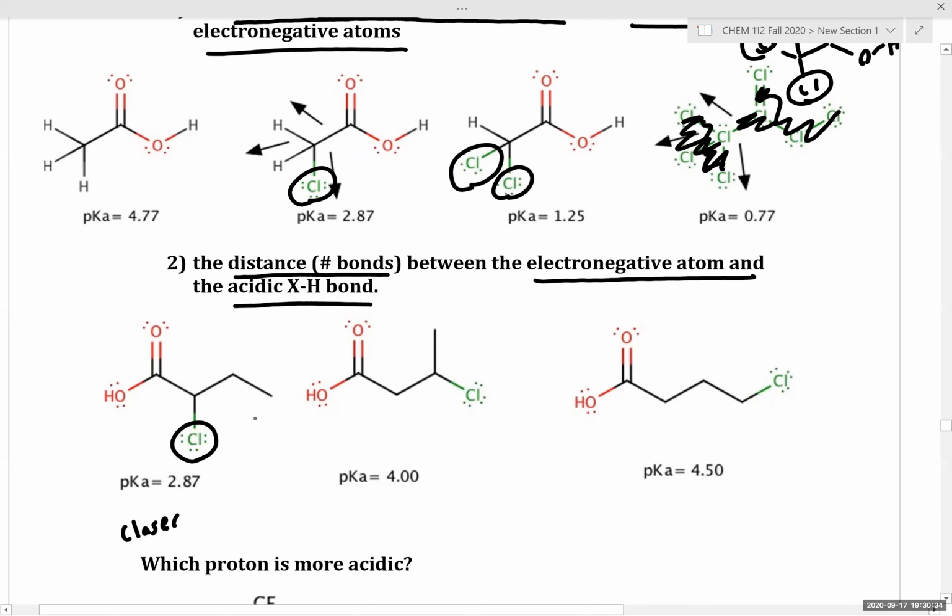Does everyone see that as we move our electronegative atom farther away from our acidic proton, our pKa increases? Does everyone see that effect? Inductive effects are based on proximity and distance. Does this make sense to everyone so far?